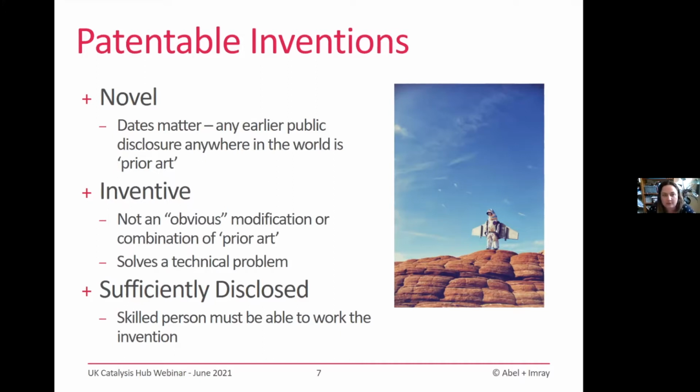And Tom and I, in our last talk, we went through how you think about what sort of data you want to include in a patent application. I'll just say again that it is important to include plenty of detail in a patent application to make sure that you're meeting this sufficiency requirement.